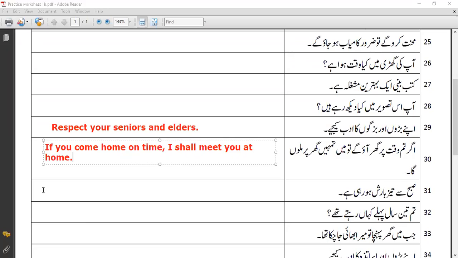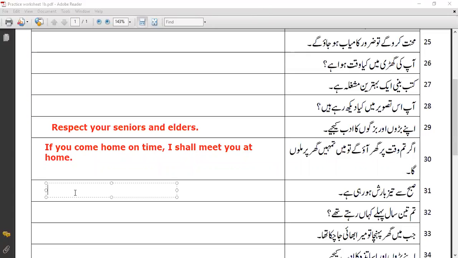Okay, we have completed 10 sentences. Anyway, we'll do one more. सुबह से तेज बारिश हो रही है. Now, if you remember in the first worksheet which we did, I told you what is the common mistake which students usually make in these kind of sentences.